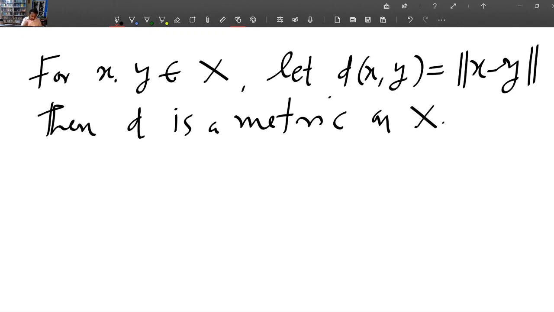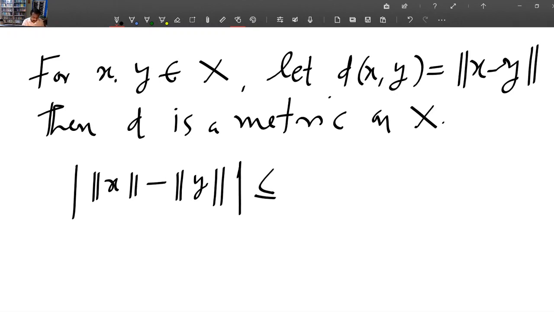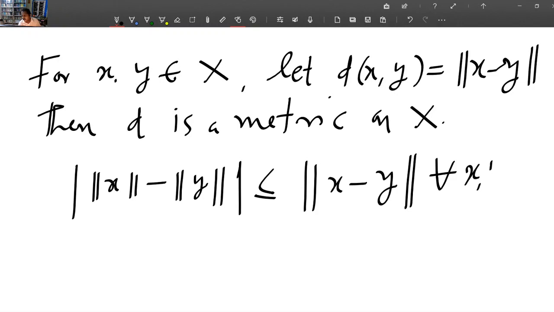And we have this condition: modulus of norm x minus norm y is less than or equal to norm of x minus y, for all x, y in X. This condition holds.